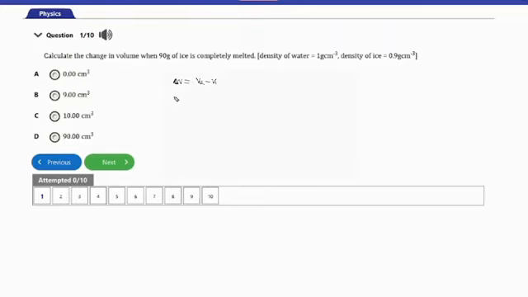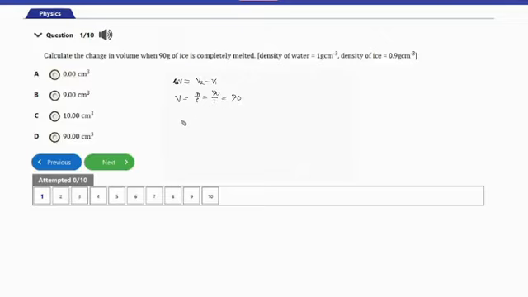So let's go ahead here. For the volume of water here, we are going to have that volume is equal to mass over density. Since density is mass over volume, then volume is mass over density. So 90 gram over 1 gram per cm cube will be 90 cm cube.